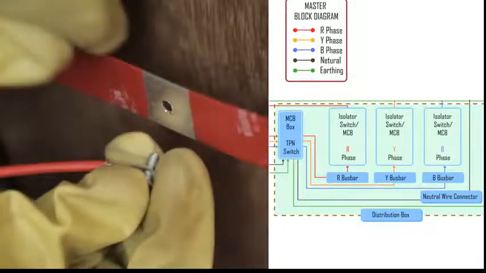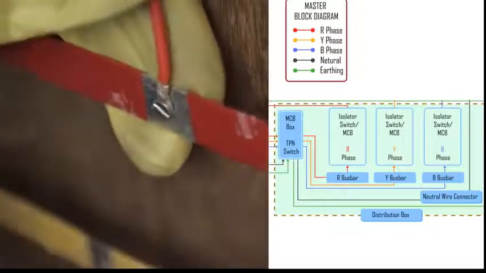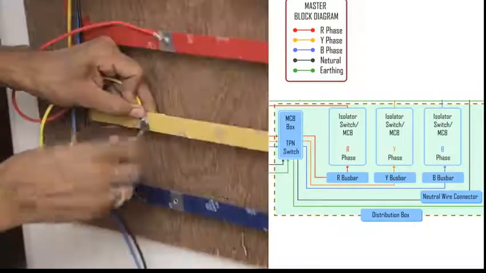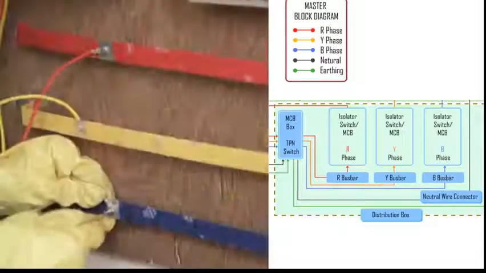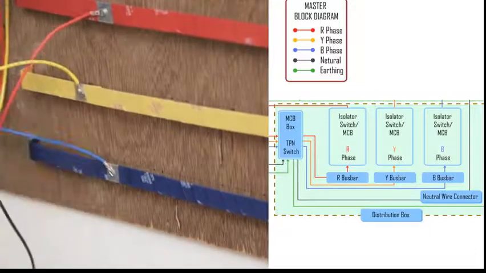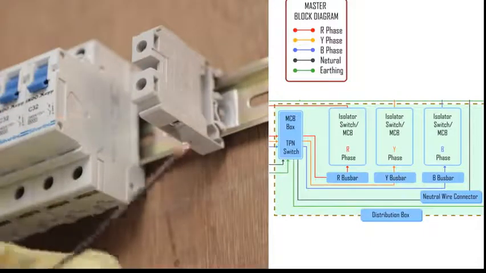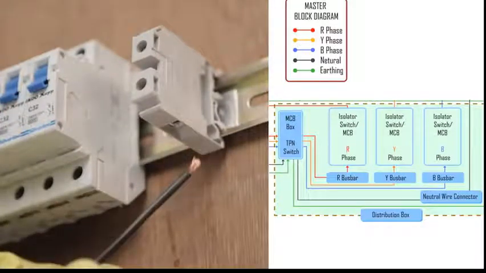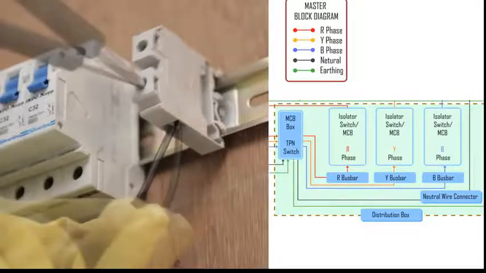Then take red wire and connect it to the input terminal of red phase bus bar by tightening it with the nut and screw. Similarly, connect the Y and B phase wire to their respective phase bus bars input terminal. Now take the neutral wire from the output of TPN switch and insert it into the input of wire connector.